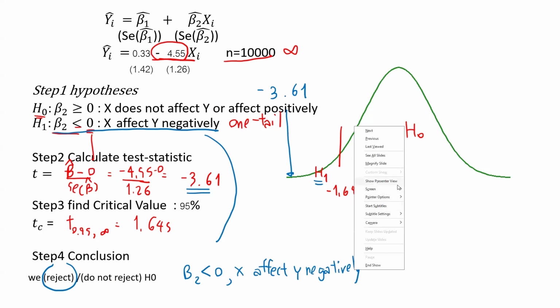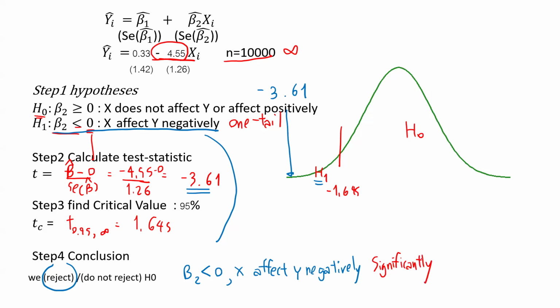And please write this word as well: significantly. And 95% confident, or 5% significance level.